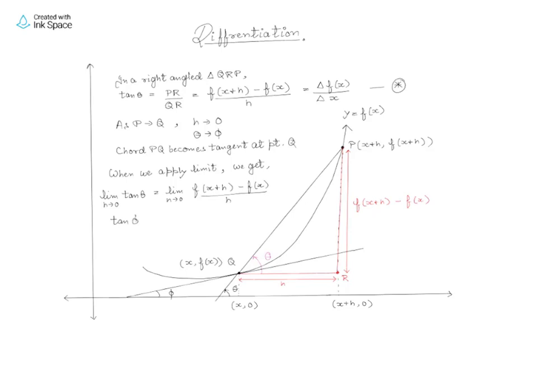This tan theta becomes tan phi, and we are writing the other side as it is. This is nothing but the derivative of f(x) with respect to x. This is our first principle of derivative.